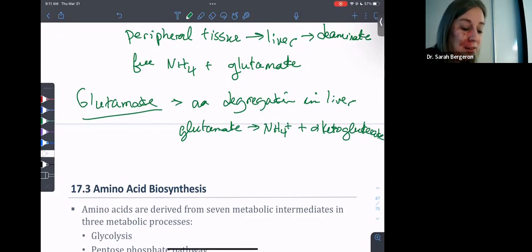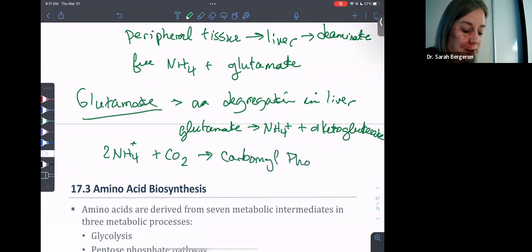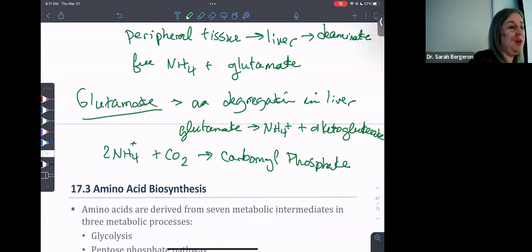And then in the presence of these two, right now you have two NH4 groups, and you have CO2. What are you going to make? That's a precursor for urea. Carbamoyl phosphate. What's the difference in structure between carbamoyl phosphate and urea?